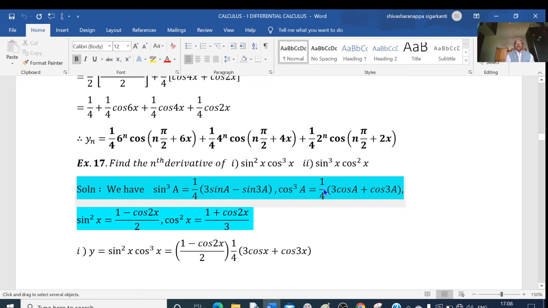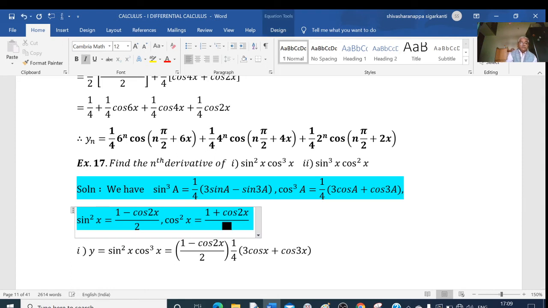And cos cube a equal to 1 by 4 into 3 cos a plus cos 3a. And sin square x can be written as 1 minus cos 2x by 2. Cos square x can be written as 1 plus cos 2x by 2.